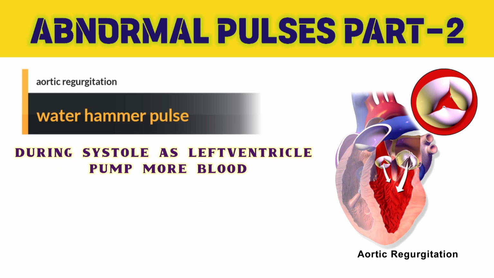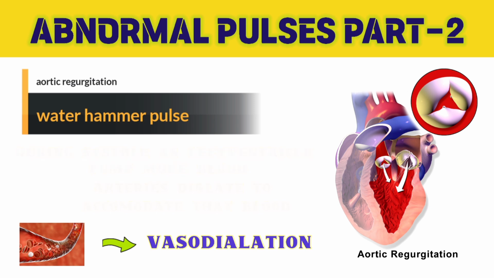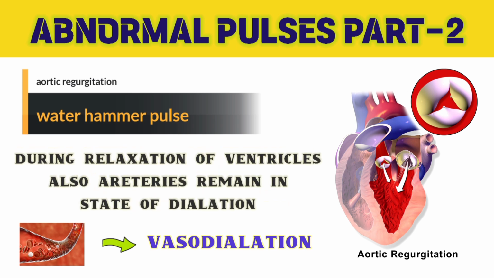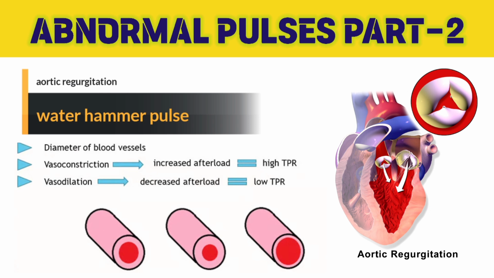During systole, as the ventricles pump a large volume of blood, arteries dilate in order to accommodate that blood. But during relaxation also, as a reflex, arteries remain in the state of dilation. We know that when blood vessels dilate, peripheral vascular resistance will decrease. When blood vessels constrict, peripheral vascular resistance will increase.